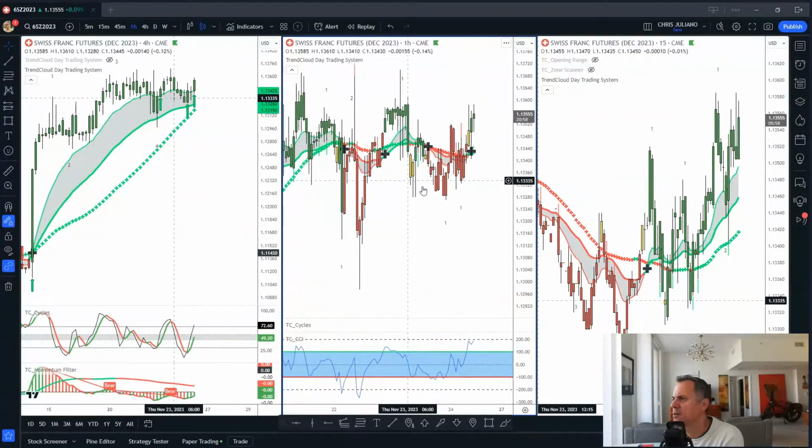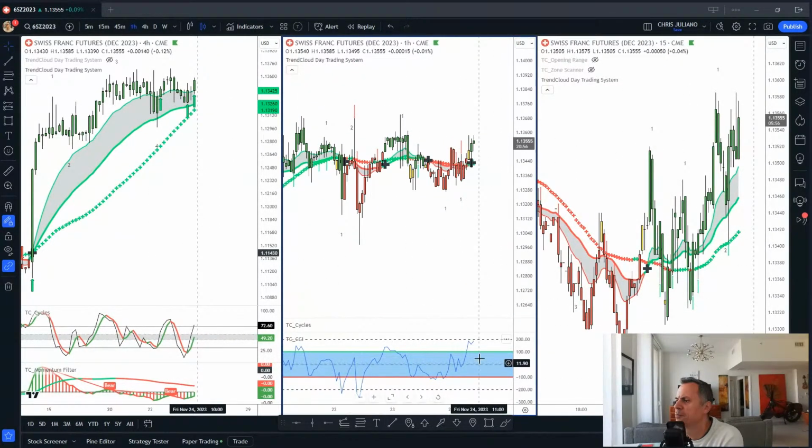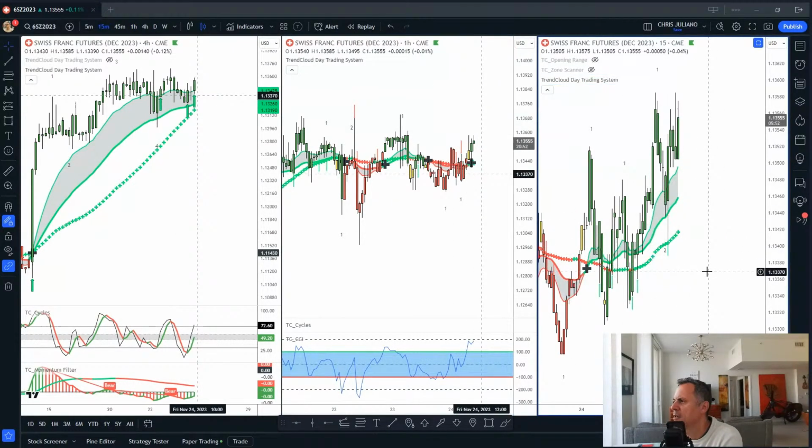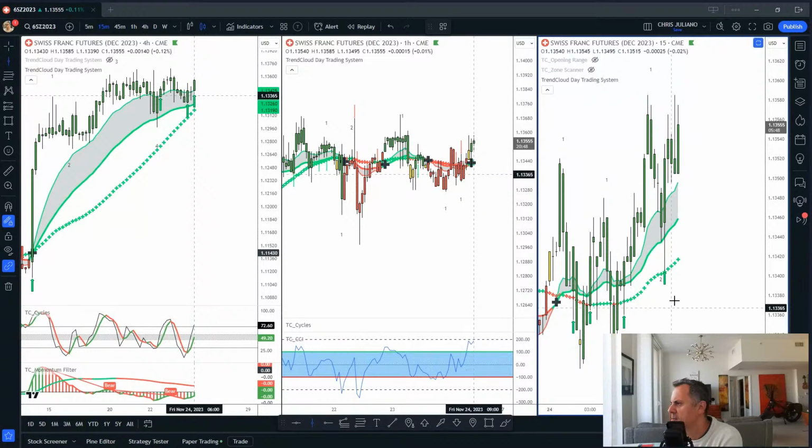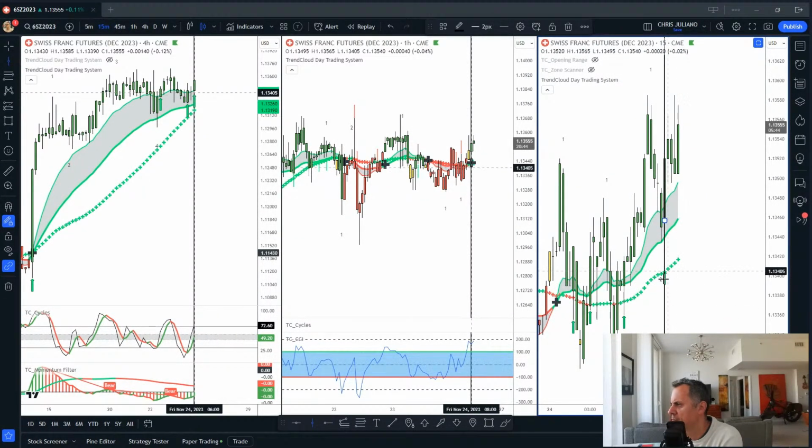Sideways on the middle time frame, but momentum is with us. And we have an uptrend on the middle time frame, right? So let's take our vertical axis, put it right on the very last green arrow, and let's read this. Trend cloud is green, candles are green. Green up signal, good.